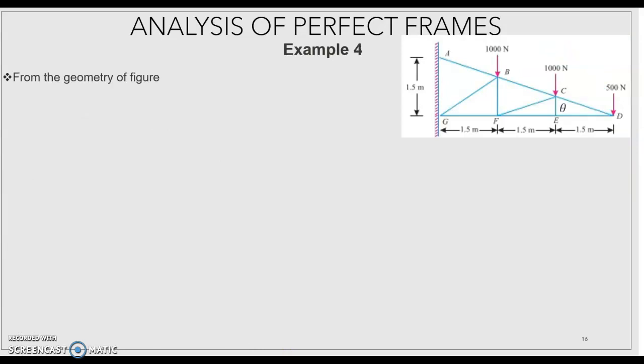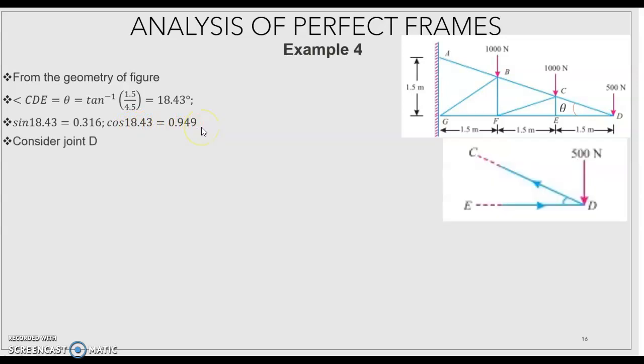Then another example. Here we need to find the angle CDE, theta. Tan theta is equal to the opposite side by the adjacent side, that is 1.5 by 4.5. So tan inverse of 1.5 by 4.5 is 18.43 degrees. Sin 18.43 is 0.316 and cos 18.43 is 0.949.